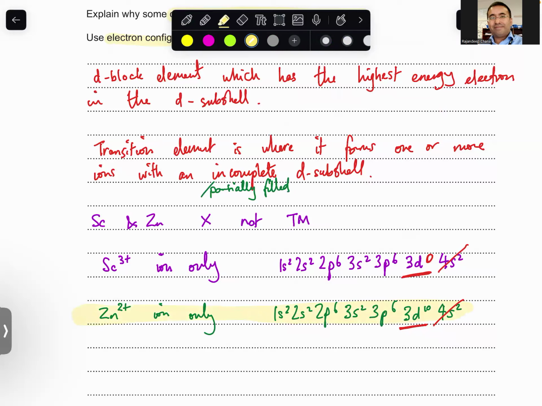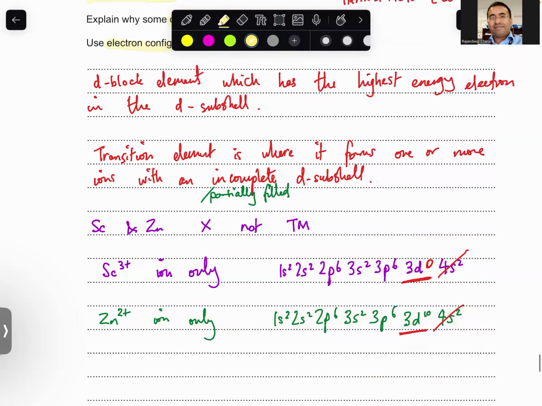Even though the 4s subshell is filled before, and you write it in numerical order after 3d10, when it becomes an ion, those electrons are removed first. So just so that you don't get confused: the 4s electrons fill first, but they are removed first when an ion forms. Just something to bear in mind.